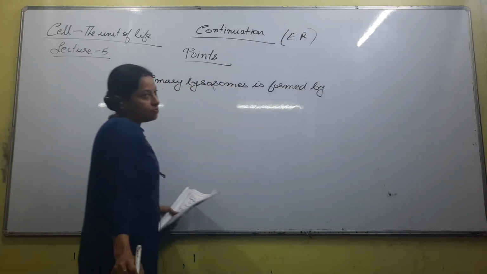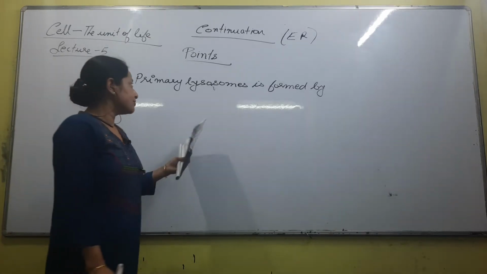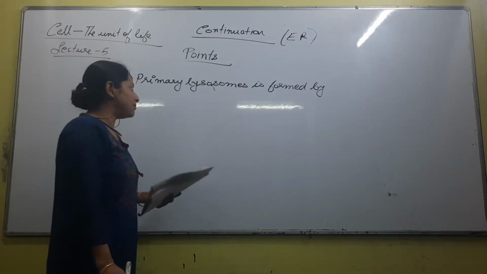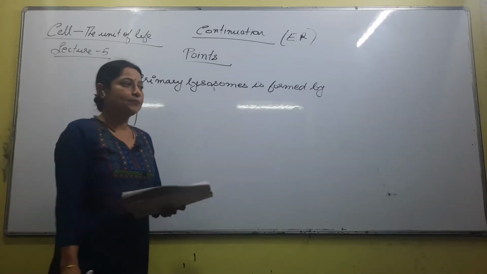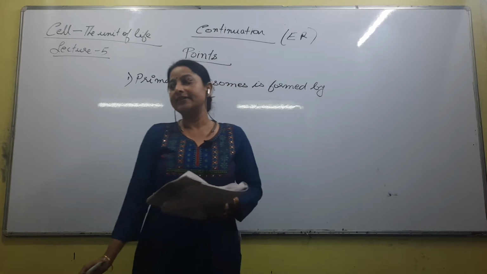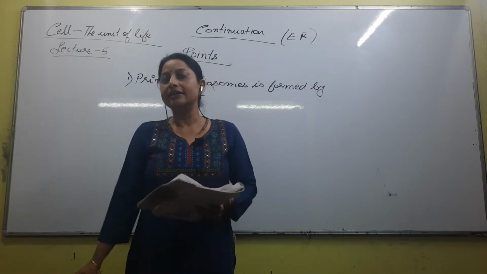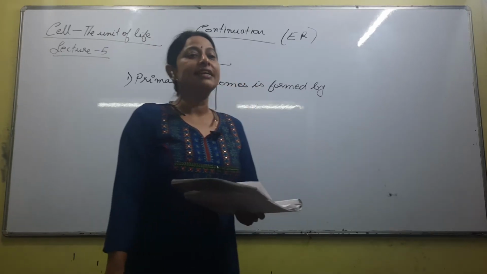Okay, so this is a point that has a relation from the point that we have discussed in the last class. So if a question is asked like this, primary lysosome is formed by, or who forms primary lysosome? What will the answer be? Who forms it? Could I say the answer correctly? It is RER, because that was the last point you have written in the chart, just see, right?